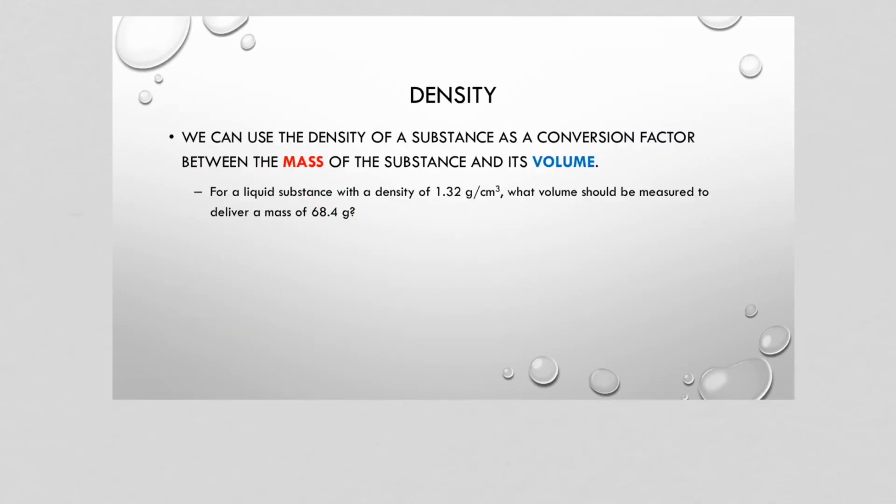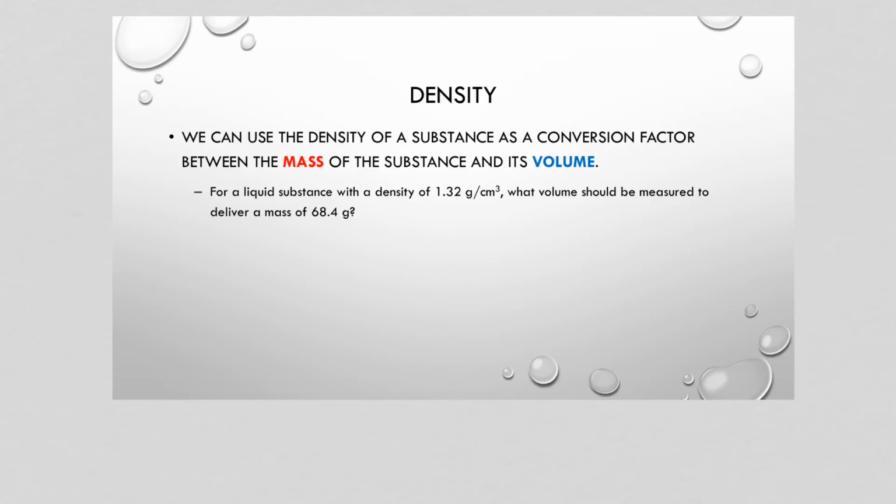Now, another way that density is used is as a conversion factor. So what I mean by that is it's used to take the mass of some amount of substance and figure out how much volume it would occupy if we know the density. Or if I take the volume of a certain material and want to know how much its mass is going to be, I can use its density to do that.